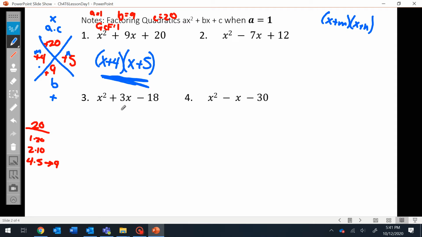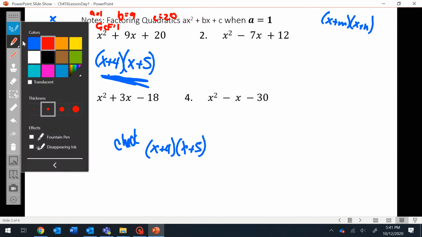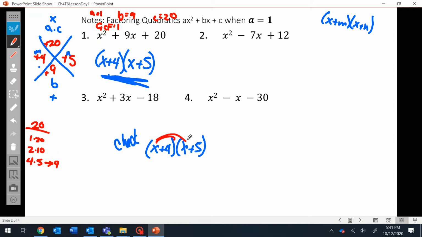That would be the factored form of number 1: x plus 4, x plus 5. Let's check. x plus 4 times x plus 5. Let's use the distributive property to check this. x times x is x squared. x times 5 is 5x.